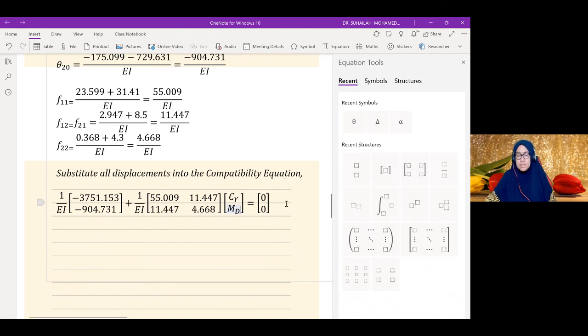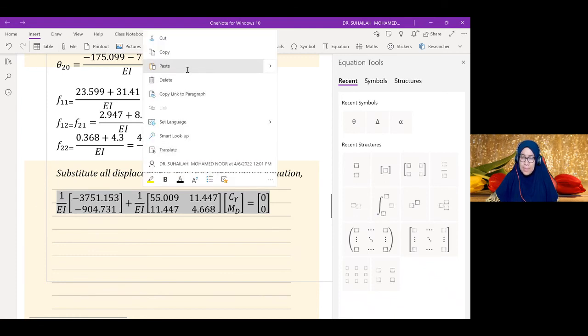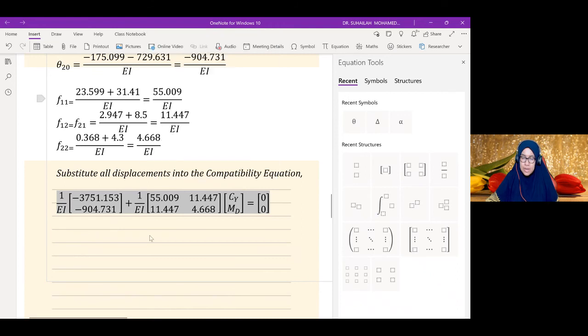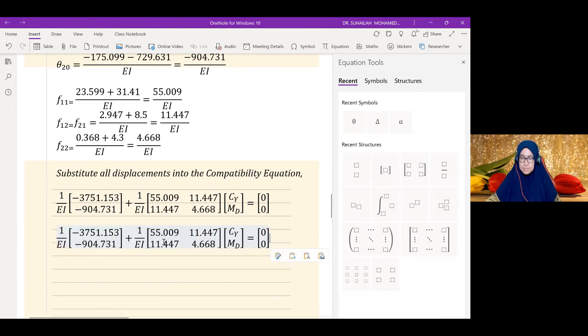Okay, so this is the compatibility equation. So what we need to do now is calculate CY and MD using calculator.